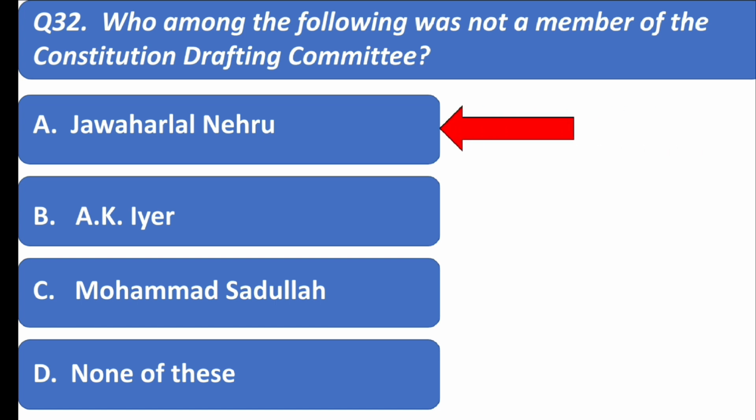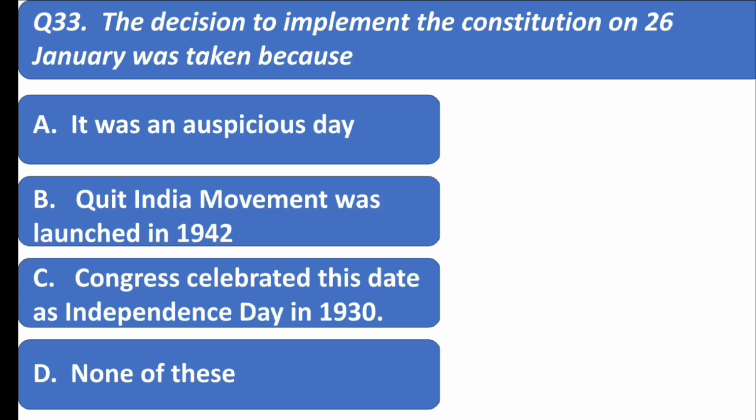Answer is option A. Jawaharlal Nehru. The decision to implement the Constitution on 26 January was taken because? Answer is option C. Congress celebrated this date as Independence Day in 1930.